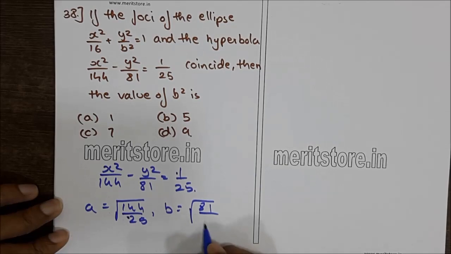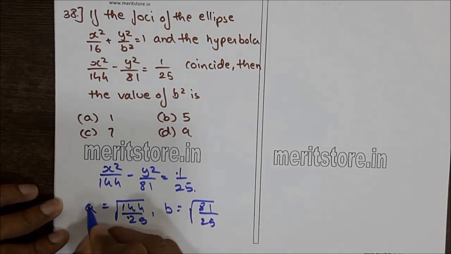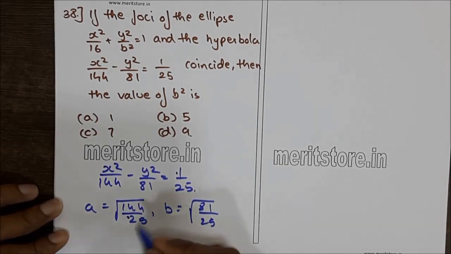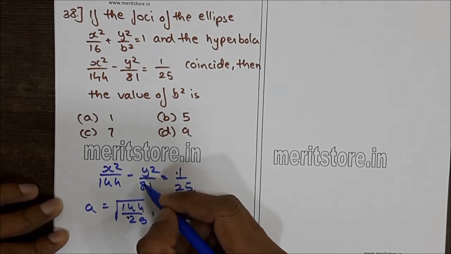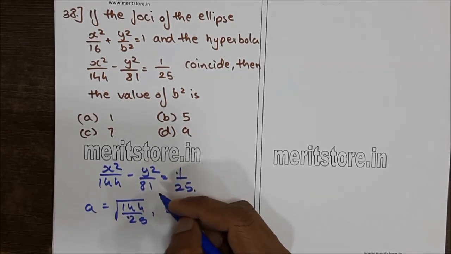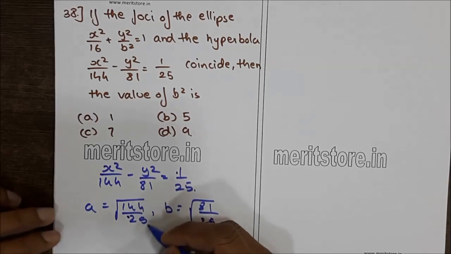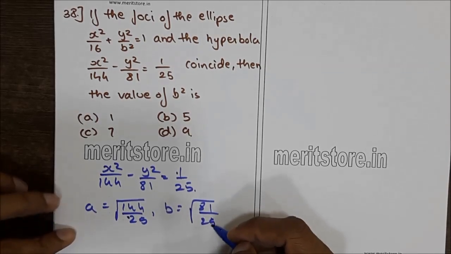Comparing with the standard equation of the hyperbola, we get A square equal to 144 by 25 and B square equal to 81 by 25.